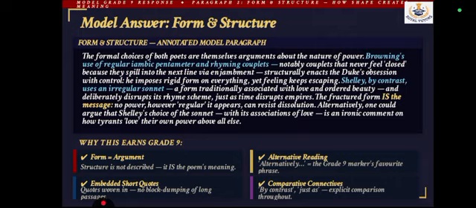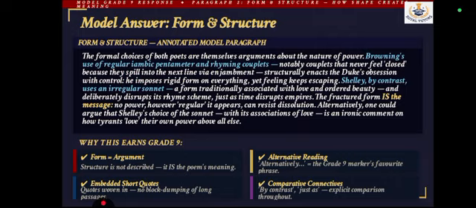Shelley, by contrast, uses an irregular sonnet, a form traditionally associated with love and ordered beauty, and deliberately disrupts its rhyme scheme, just as time disrupts empire. The fractured form is the message. No power, however mighty it appears, can resist dissolution.